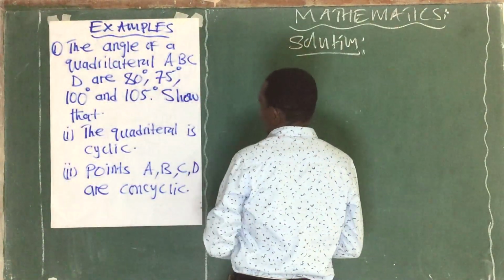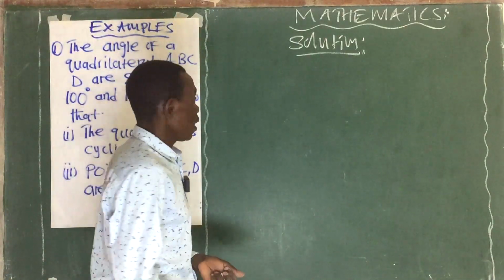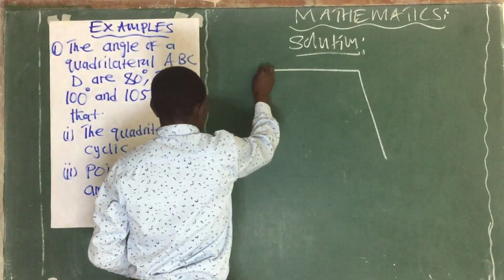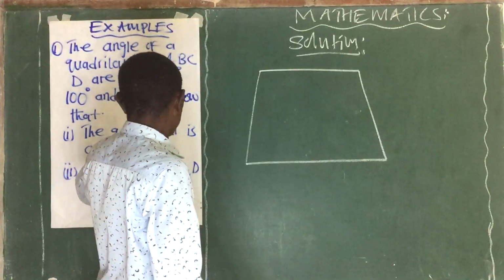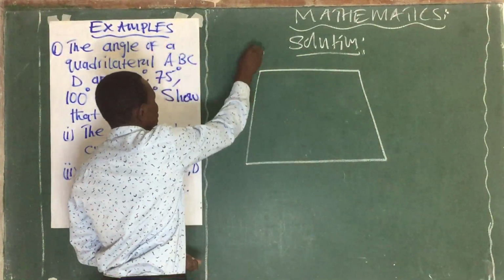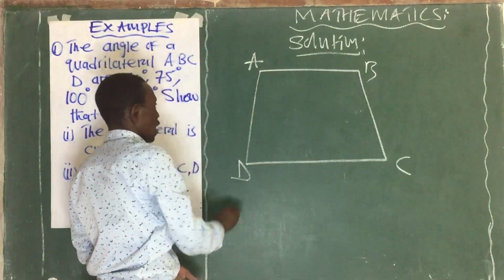It will be a quadrilateral ABCD. I'll just draw it like this. This is just a sketch, so my angles may not be exactly like the angles we have. I'll label the vertices A, B, C, D as such.